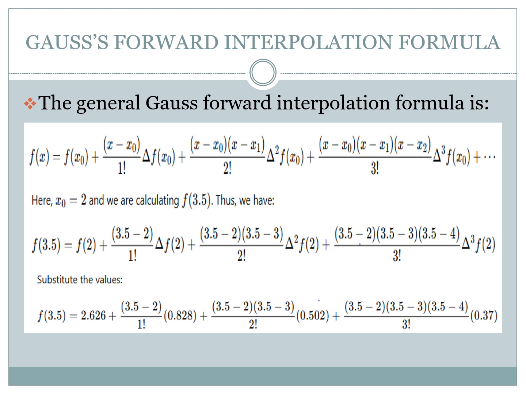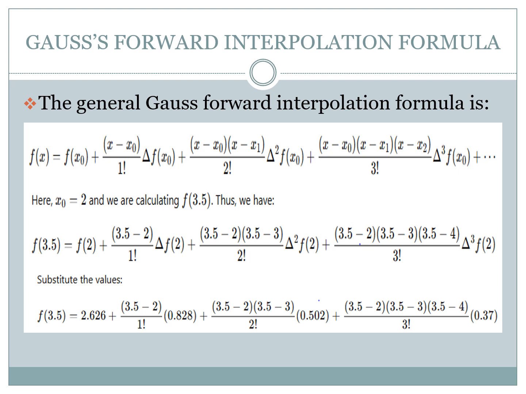In general, the Gauss forward interpolation formula is f of x is equal to f of x naught plus x minus x naught divided by 1 factorial into delta f of x naught plus x minus x naught into x minus x1 divided by 2 factorial into delta square f of x naught plus x minus x naught into x minus x1 into x minus x2 divided by 3 factorial into delta cube f of x naught plus etc. Here x naught value is 2 and we are calculating f of 3.5.